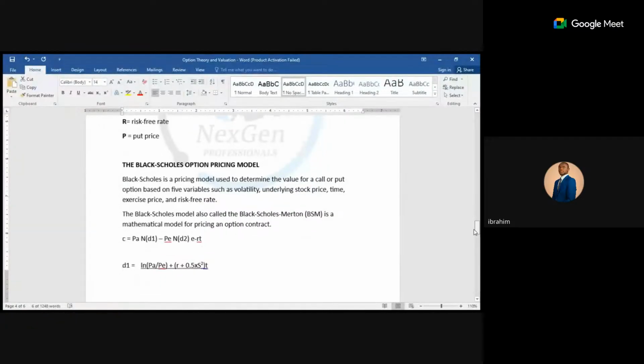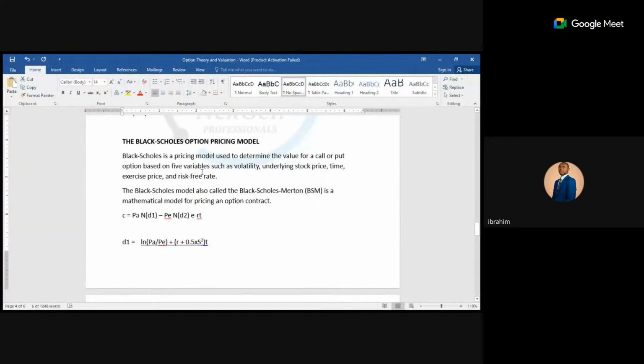Next, the Black-Scholes option pricing model. In option theory, there are two models: the binomial model and the Black-Scholes option pricing model. But the binomial option pricing model is not actually tested yet, so our focus is the Black-Scholes option pricing model.